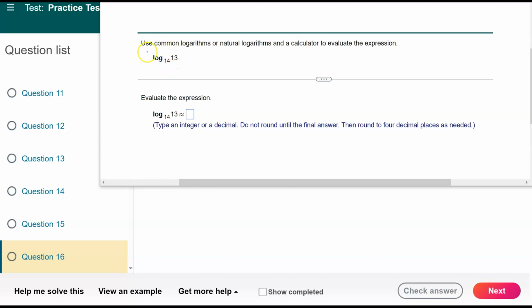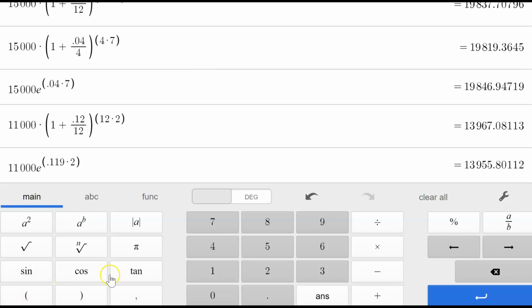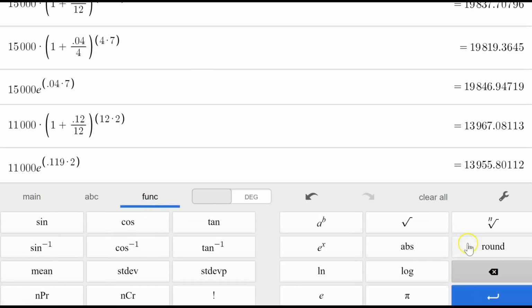Or some calculators, let's look at the Desmos calculator. The Desmos calculator has the logarithmic function. It only has ln or log. And how are we going to evaluate that logarithmic expression?